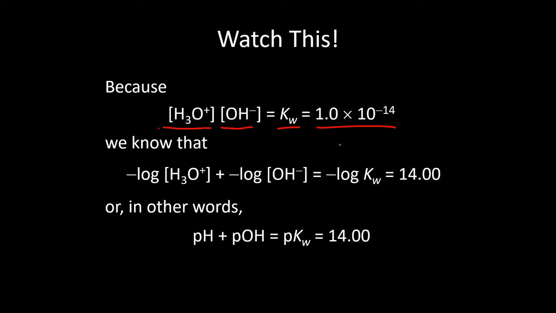If we just take the negative log base 10 of everything in that equation, this is what it would look like. We would have the negative log base 10 of H plus, plus the negative log base 10 of OH minus, is equal to the negative log of Kw, which is equal to 14. Because when you take the negative log base 10 of 1 times 10 to the negative 14, it is 14.